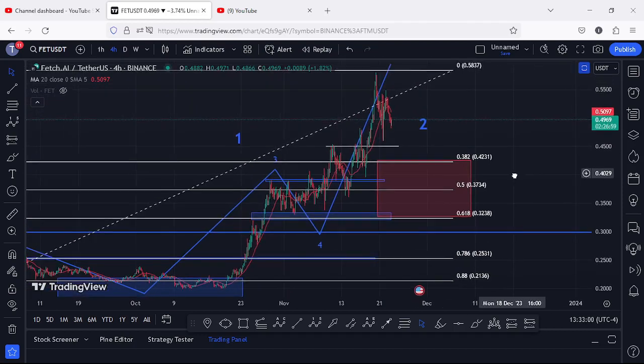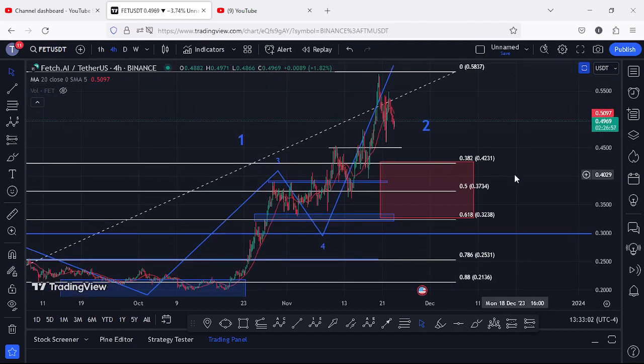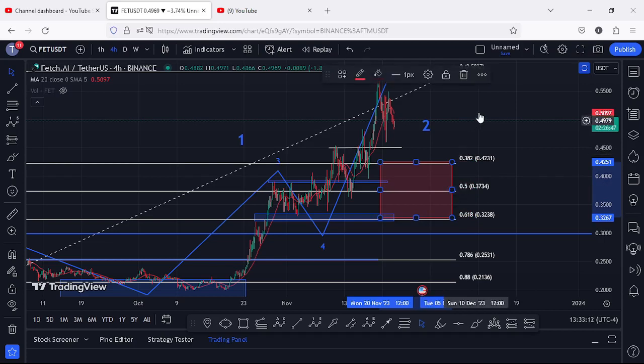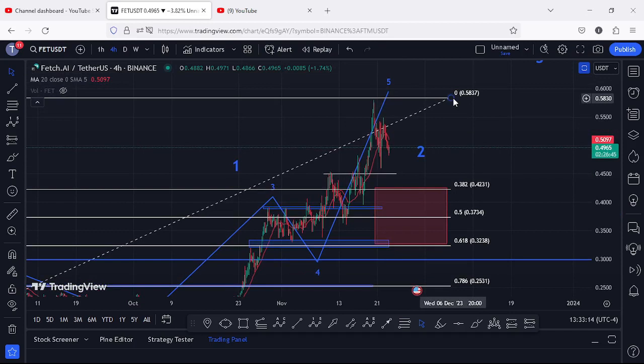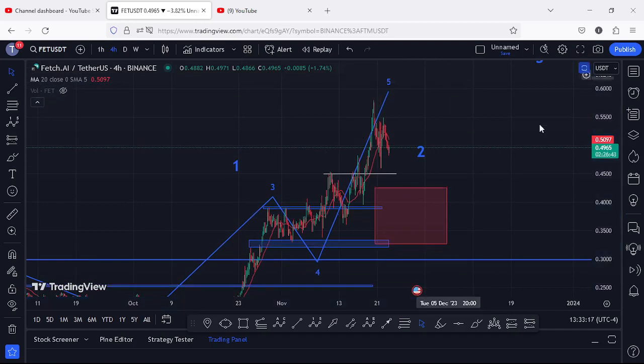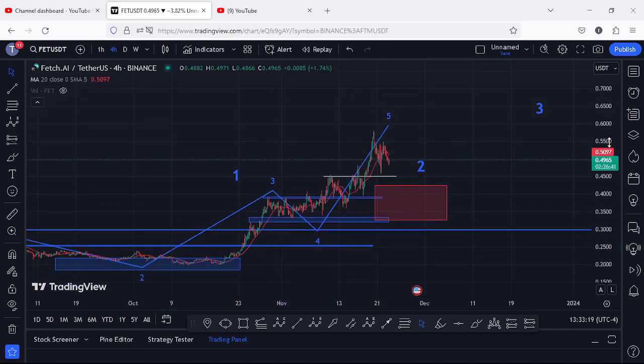That is between the $0.4231 mark and the $0.3238 mark, the area that I have highlighted here on the charts using this red target area. If by any chance we see the formation of this wave 2, what we should expect next is another impulsive move to the upper side in the formation of this wave 3.